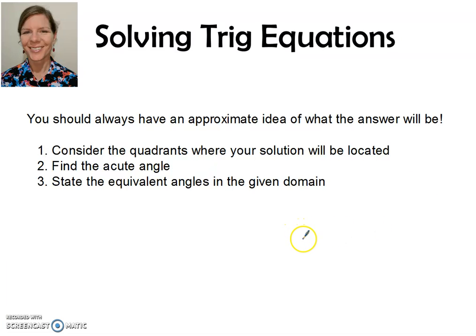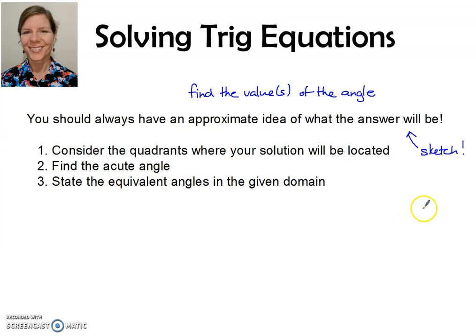Okay, so when we're solving trig equations, what we're trying to do is find the value or values of the angle. There's often more than one. You should always have an approximate idea of what the answer will be, so this is where your sketching comes in handy. Sketch your unit circle, put your values on it, and that'll give you a good start.